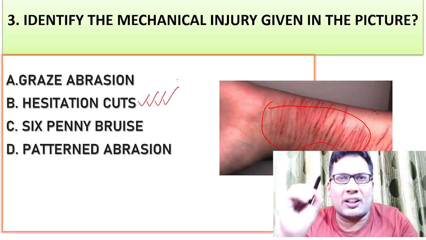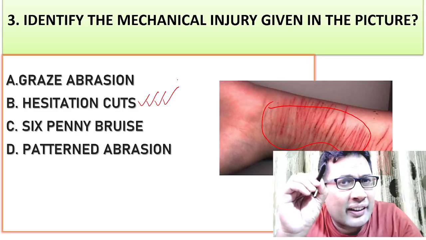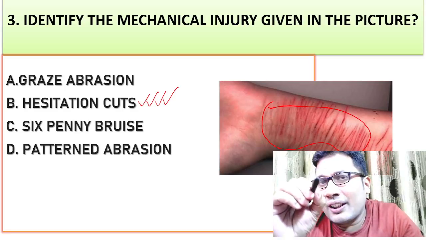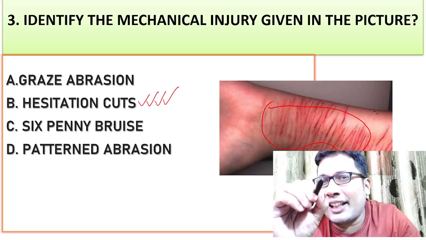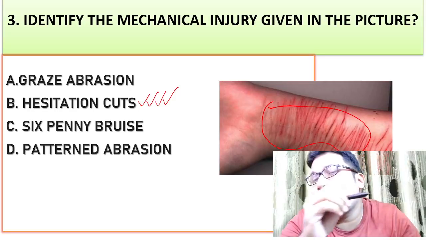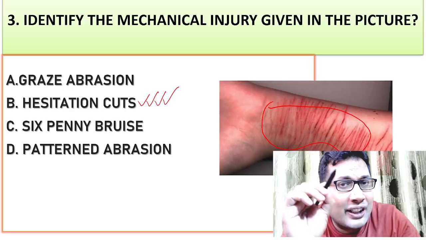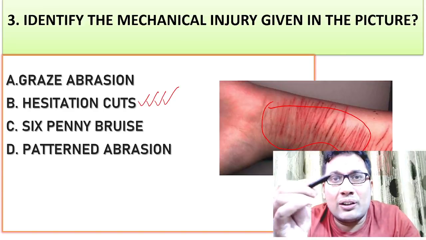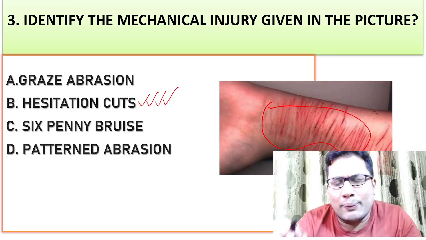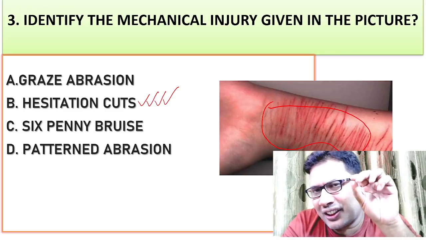Hesitation cuts are a type of incised wound. They are suicidal incised wounds, the common site is the forearm. It can be seen over the neck also. It can be seen over the feet also, over the lower limb also. So probably the answer for this question is hesitation cuts.